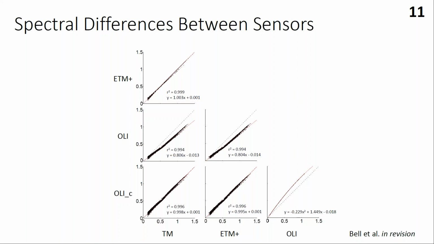We see there was an underestimation of kelp canopy fraction by Landsat 8 compared to Landsat 5 and 7, and we were able to correct for that. If you look at the bottom row, the OLI_C, that's our corrected Landsat 8. So Landsat 8 kelp fractions line up to the 1-to-1 line with Landsat 5 and Landsat 7. Next slide.